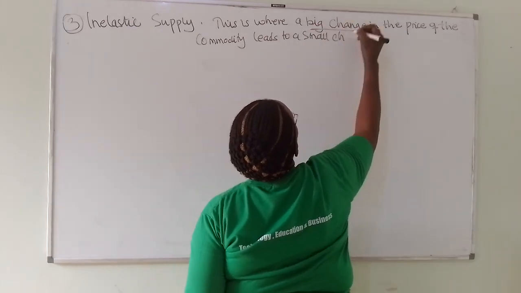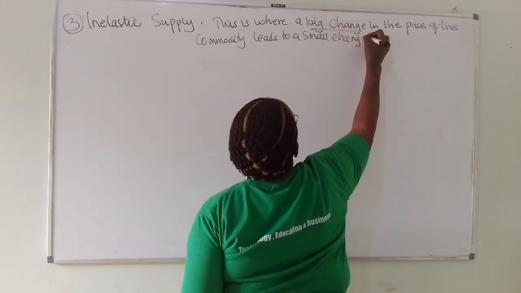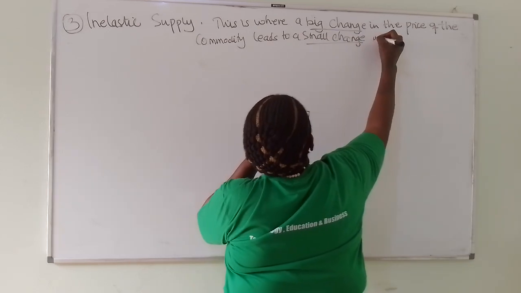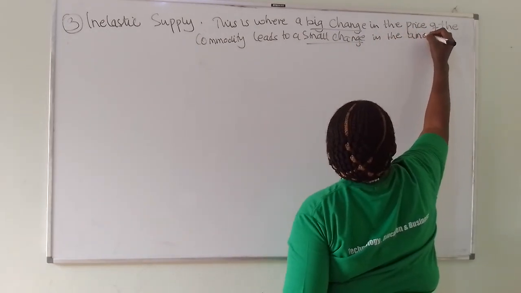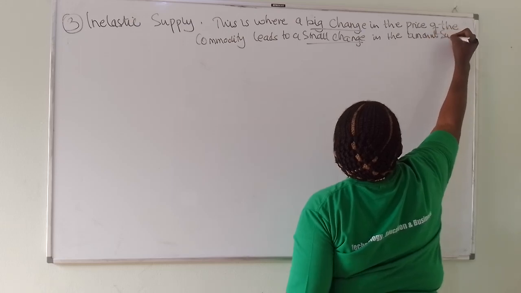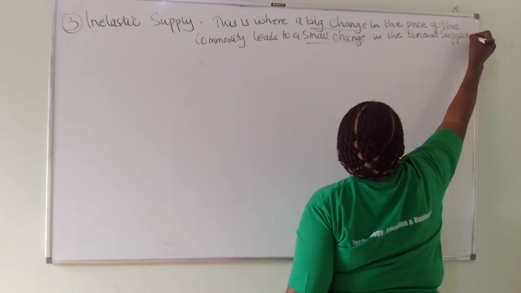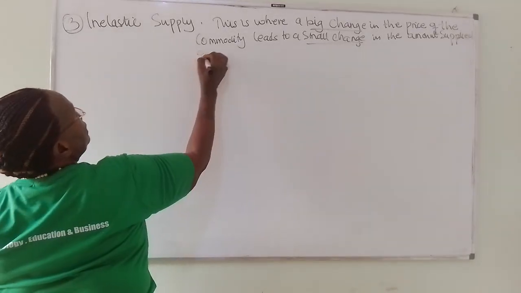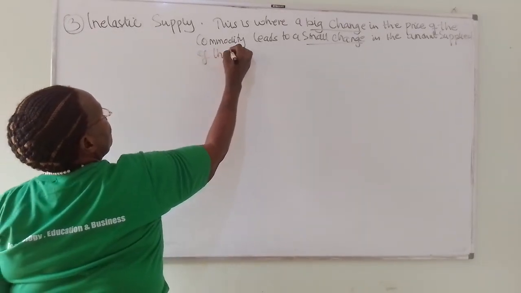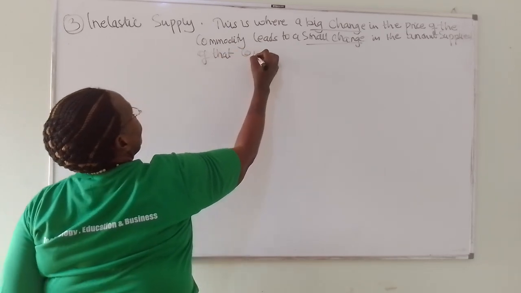You find that we have a big change, but it is followed by a small change in the amount supplied of that commodity.